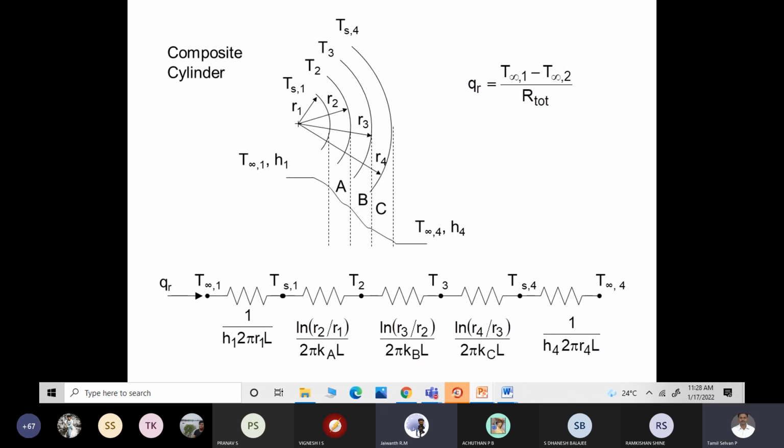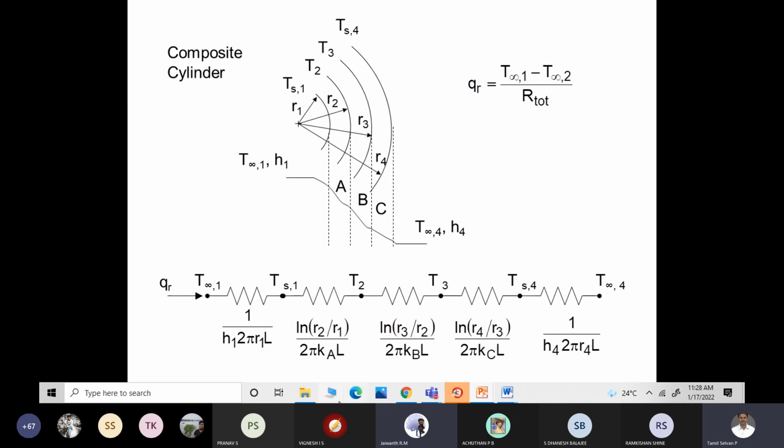Fine, sir. One more important thing: when you write 1 by hA, we know the area is pi dl, or 2 pi RL. When the hot fluid is acting on the inner radius, the area is 2 pi R1 L, and the cold fluid is acting on the outer surface, so it should be 2 pi R4 into L. This particular point is very, very important.